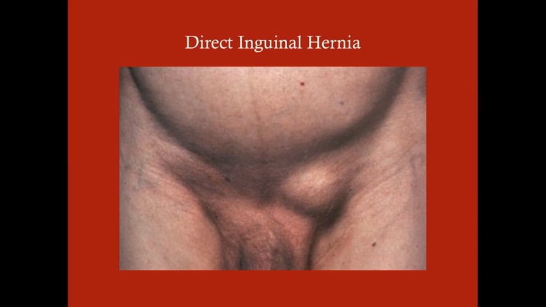So it's not a big deal if a patient goes in with the pre-op diagnosis of direct inguinal hernia and winds up with a post-op diagnosis of an indirect inguinal hernia, and that happens. So it's not a big deal if you can't differentiate between the two. What's more important is to differentiate between the two based on the patient population.